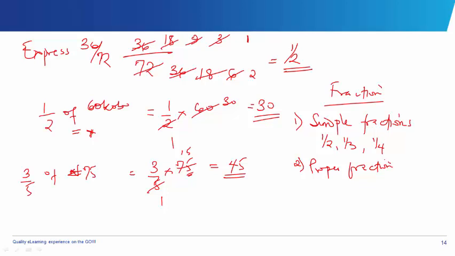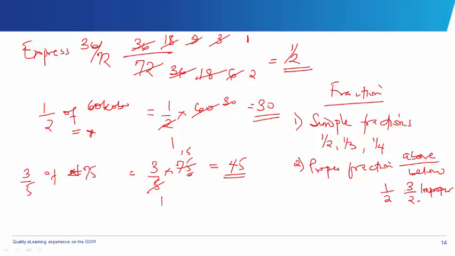Proper fractions are fractions where the number above is smaller than the number below. For example, 1/2 is a proper fraction, but 3/2 we'll call an improper fraction, because the number above is higher than the number below.